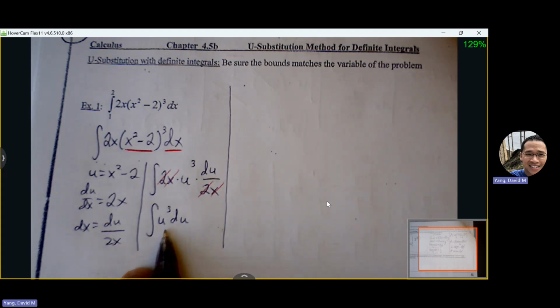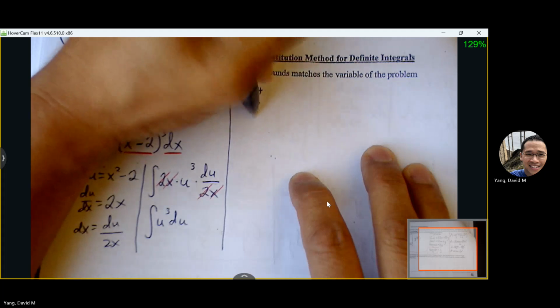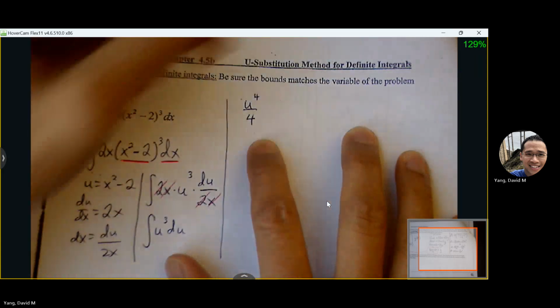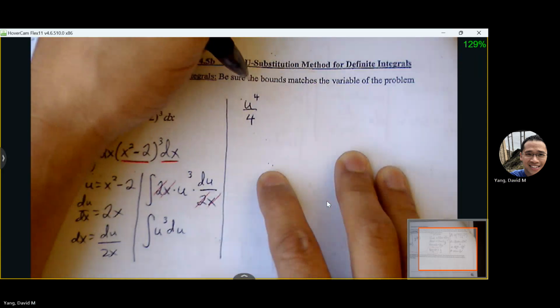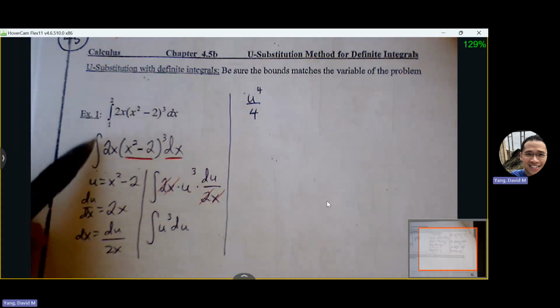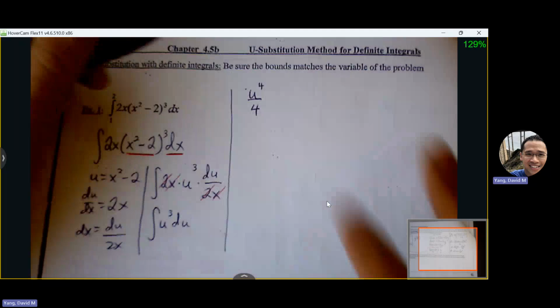Okay, let's do our antiderivative. U cubed becomes what? Yeah, U to the 4 over 4. Now, once we're here, we know that we have to involve the bounds somehow, right? Because ultimately we have to plug in our upper and lower bound.